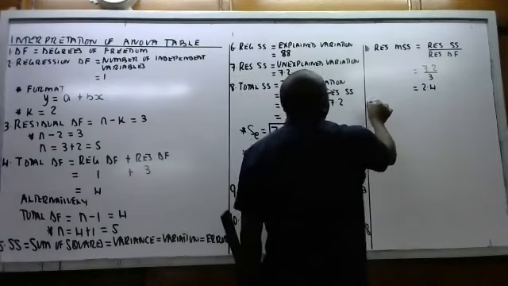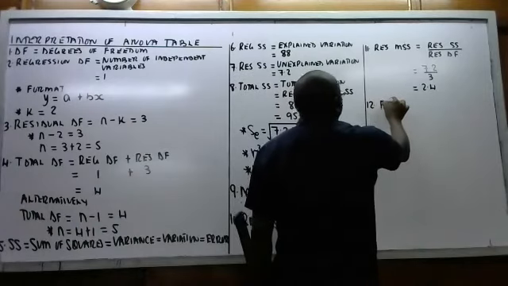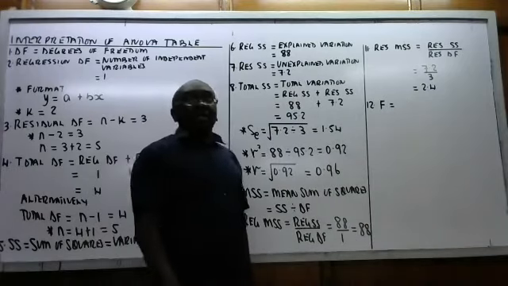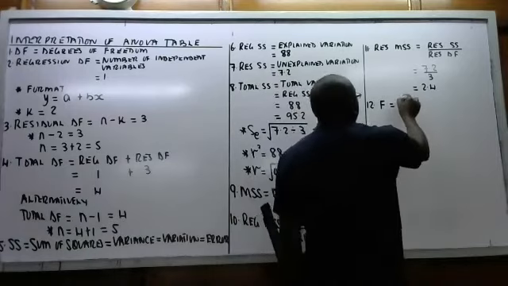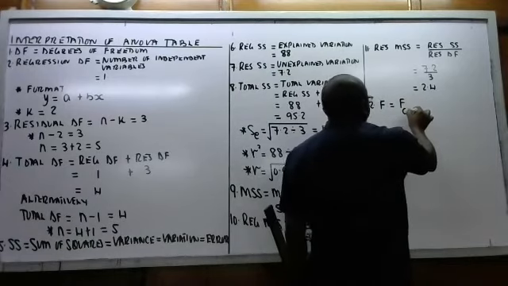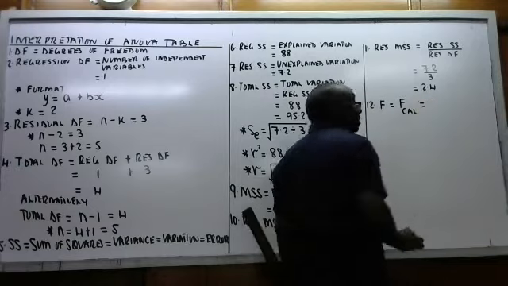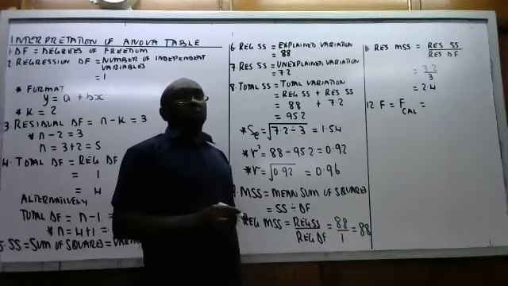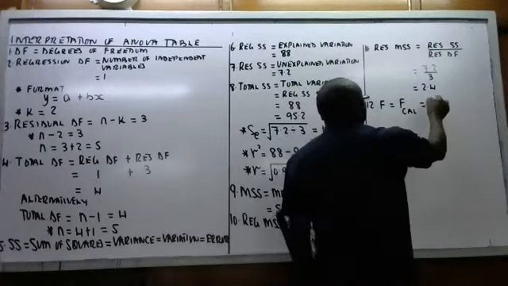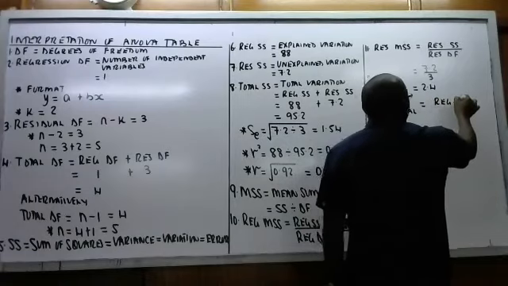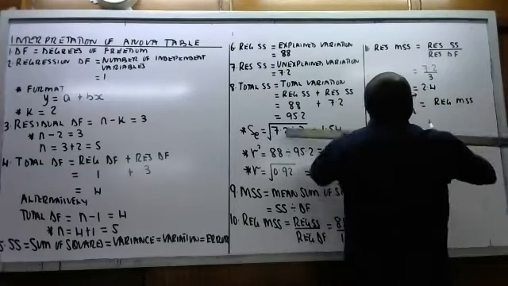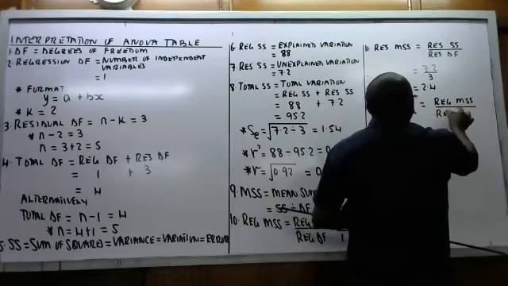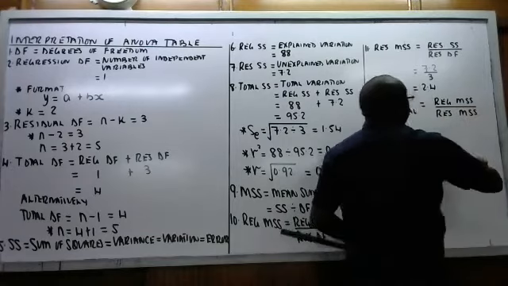Point number 12 is you can see somewhere they have written F. Now that F that is written there is what in our notes we have been calling F calculated. If you are told to compute it, it is regression mean sum of squares divided by residual mean sum of squares.